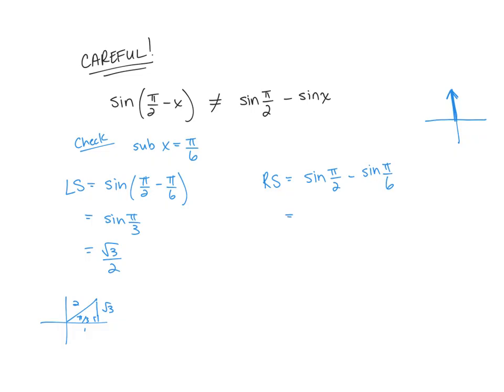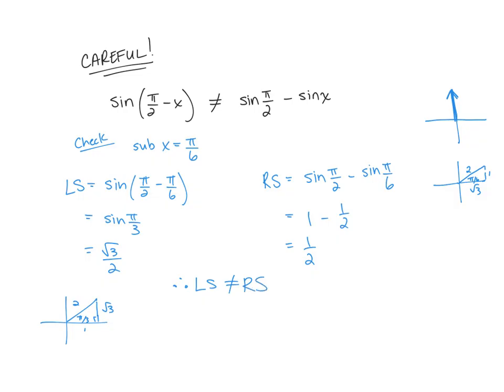So sine of pi by 2, since sine is opposite over hypotenuse, that's going to be a 1. Sine of pi by 6, across from my smallest angle is my smallest side length. So sine of pi by 6 is 1/2. 1 minus 1/2 is 1/2. So therefore, our left side does not equal our right side.